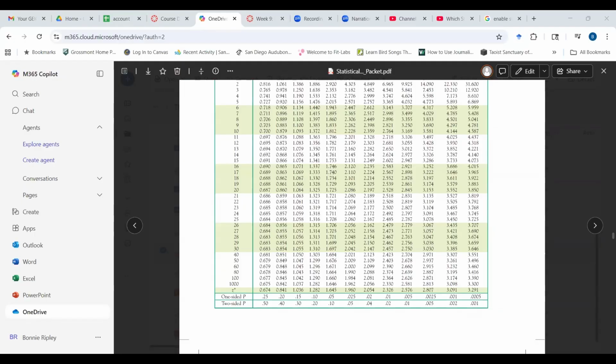All right, so now let's look at our p-values. They're getting smaller as we go towards the right. So our p-value is actually going to be over here.